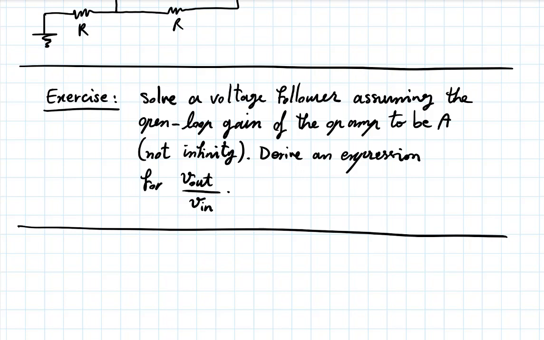Here's another point I'd like to draw your attention to. We've said the input current is 0 for an ideal op-amp. Well, in a real op-amp, the input current is not 0. There is something called the input offset current. You can imagine a current going through each of the two inputs, and the difference of those is called the offset current.